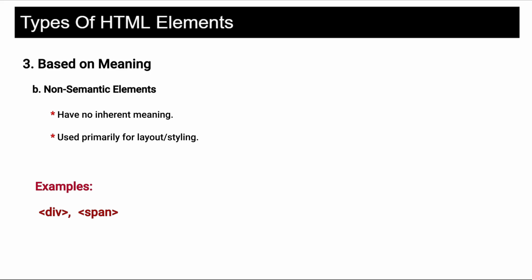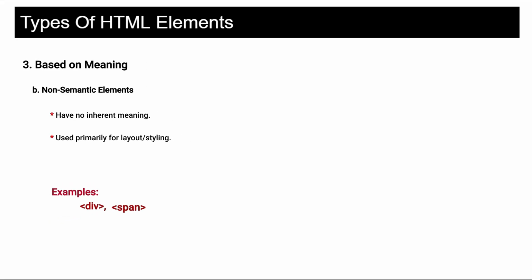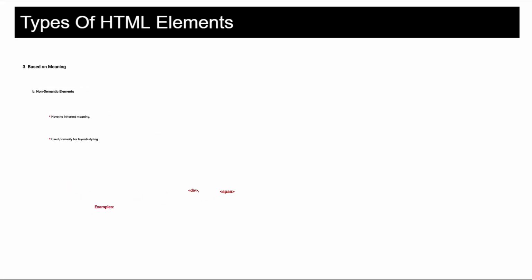You should always use semantic elements whenever possible to make your HTML more readable and meaningful. So with that said, let's move straight to the second thing we need to talk about, which is the HTML headings.